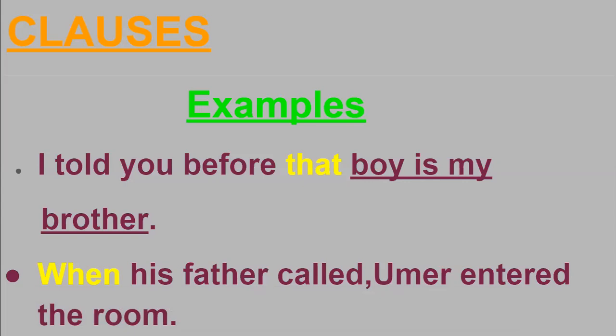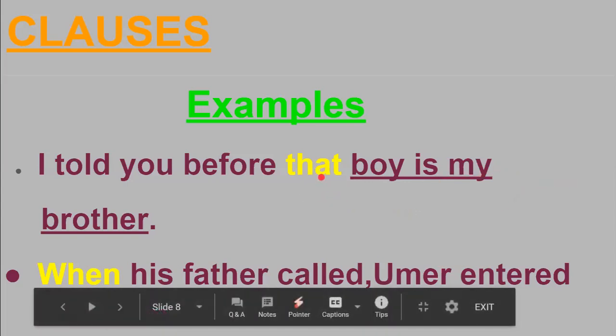There can be more than one clause in a big sentence, and all these clauses in a sentence are joined together by conjunctions, as you can see here on this screen also. "That" is the conjunction which is joining these two clauses, and "when" is the conjunction which is joining these two simple sentences, two clauses. So coming towards the next slide.